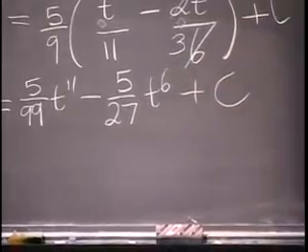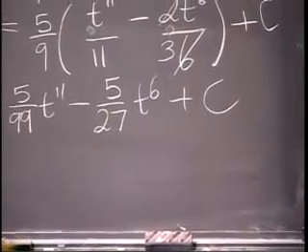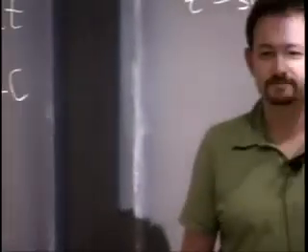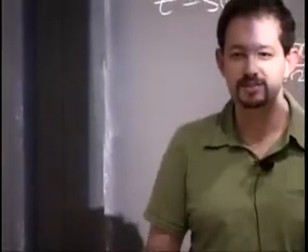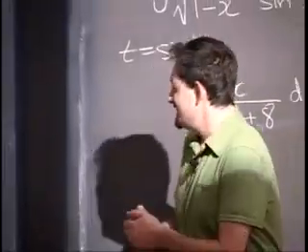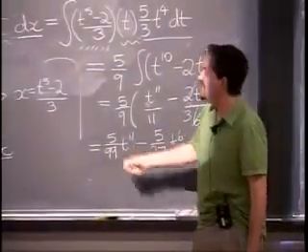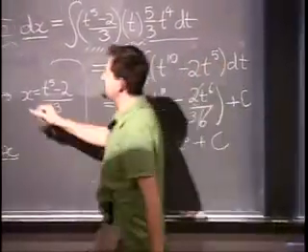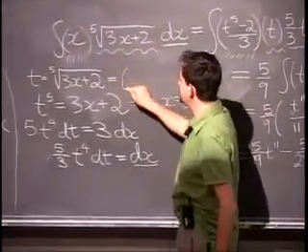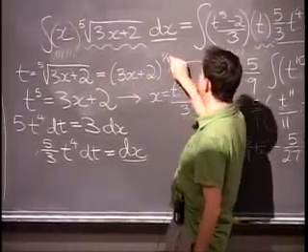Are we finished? Who thinks we're finished? Who doesn't think we're finished? Good. Now, the deal is this. We have to go back to x-land, and for this purpose, I'm going to write t sneakily as 3x plus 2 to the power 1/5.